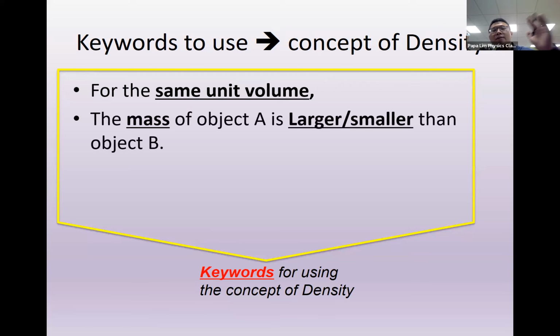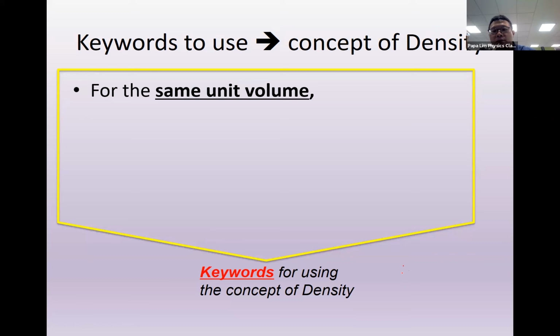For example, the formula for density is mass over volume. So when I want to explain density, I will not just talk about mass. I will also talk about volume. So in my explanation, I have to highlight what happened to the mass and what happened to the volume.